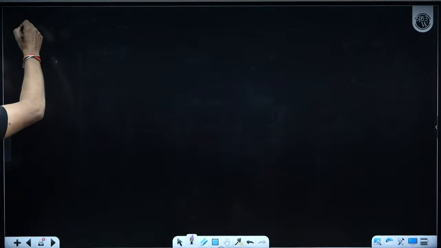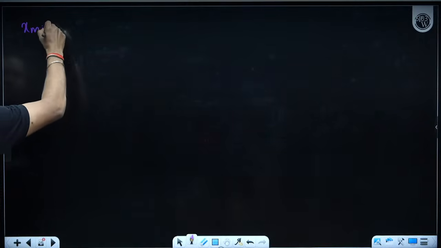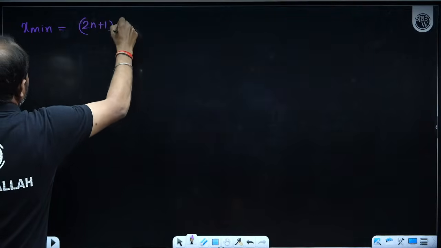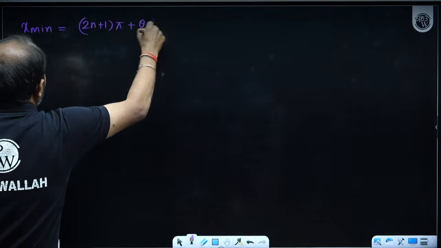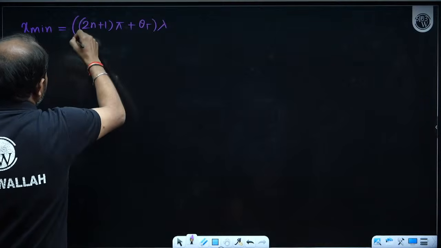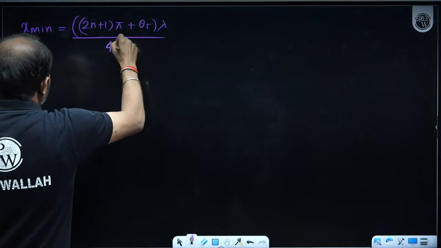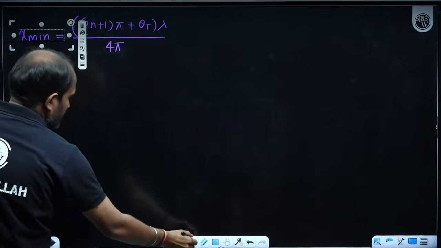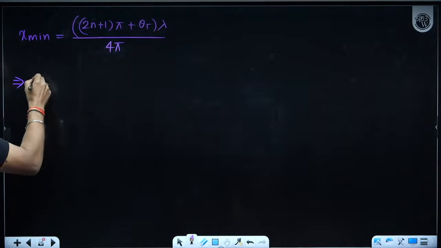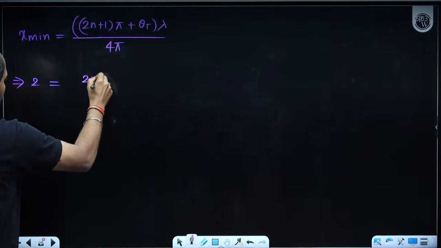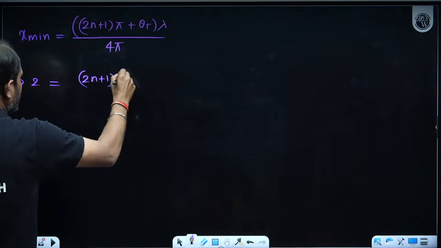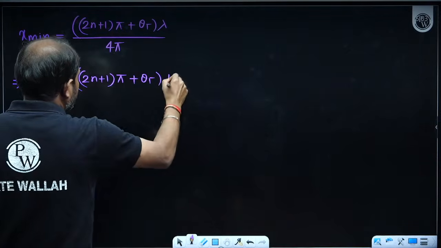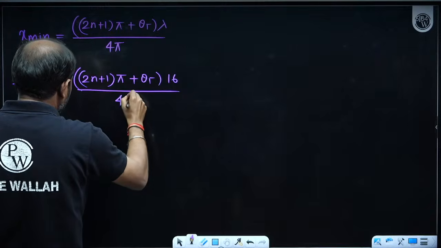So what will we do? We will calculate X minimum. X minimum is (2n plus 1) pi plus theta gamma, into lambda divided by 4 pi. This is our X minimum. So X minimum is equal to (2n plus 1) pi plus theta gamma, theta gamma we don't know, into lambda 16 divided by 4 pi.